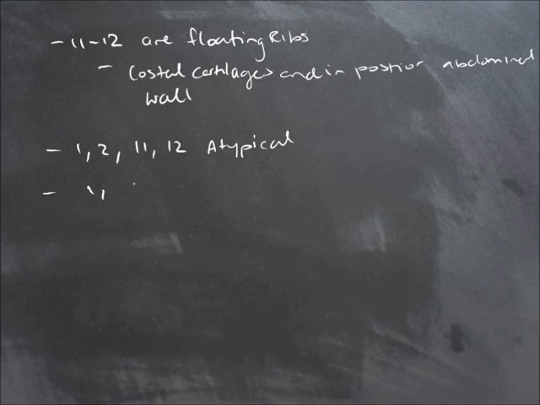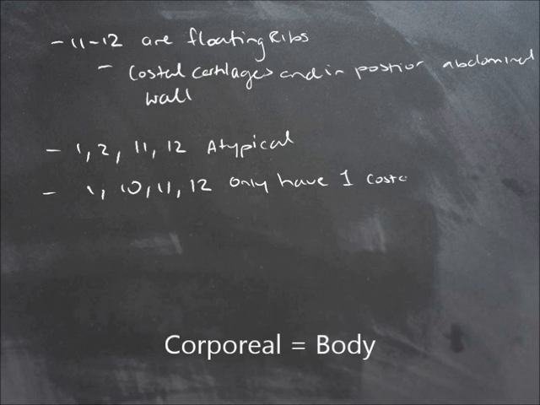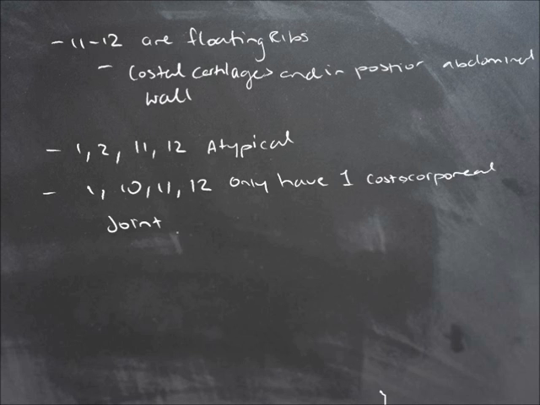And 1, 10, 11, and 12 only have one costocorporeal joint with their equivalent vertebrae.